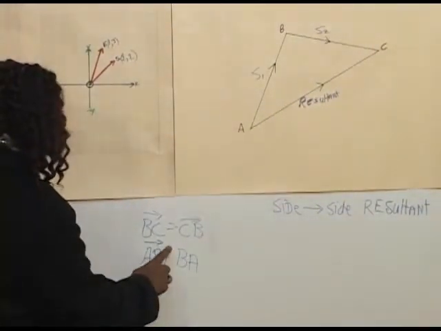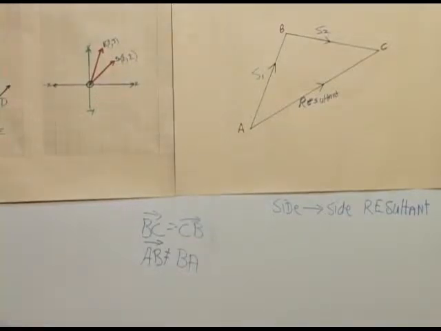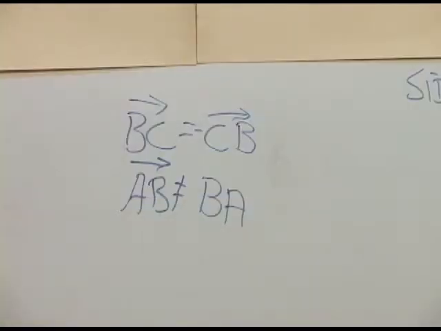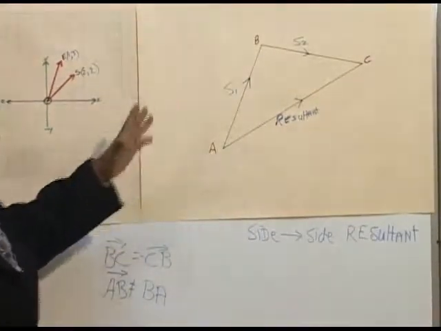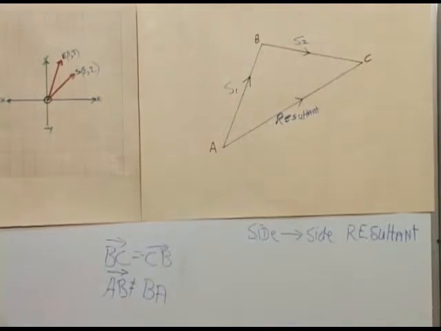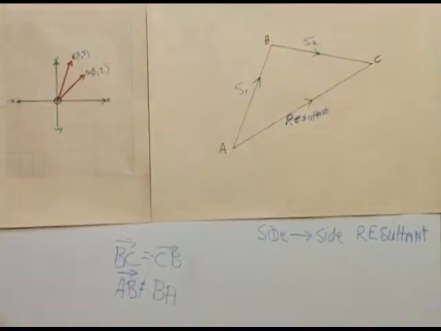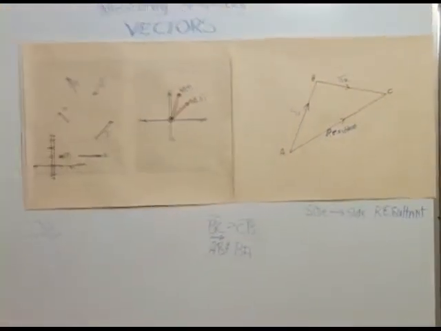AB would be equal to negative BA, all right, in the opposite direction. So please note that. The line is called BC because the arrow is going in that direction. CB is not the same as BC. It's the opposite direction. So we have to get that clear.